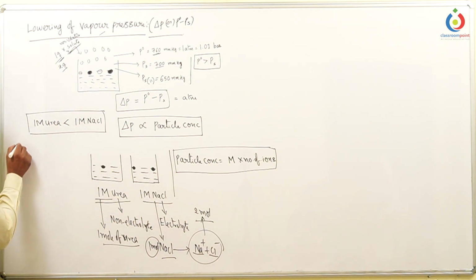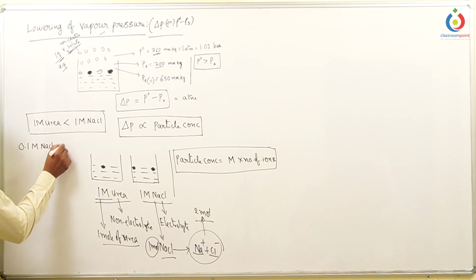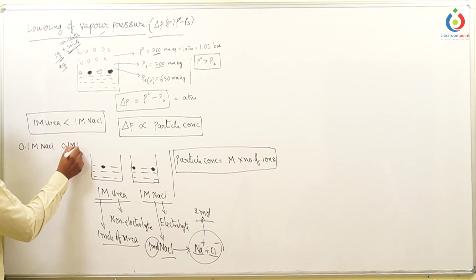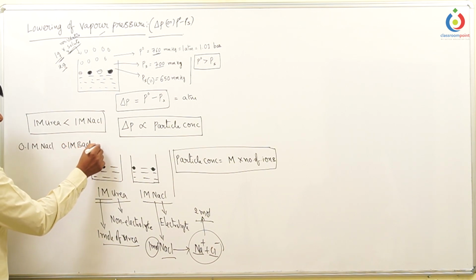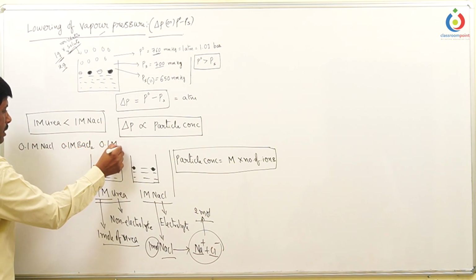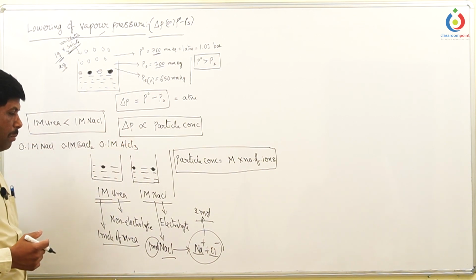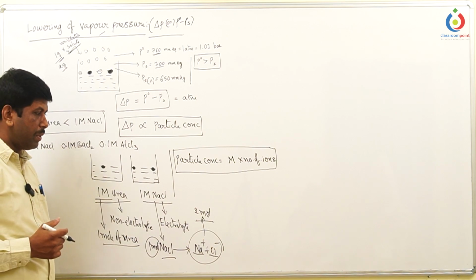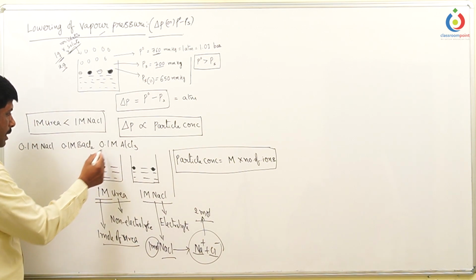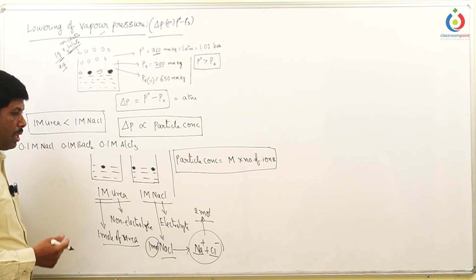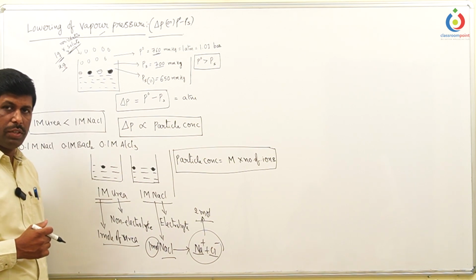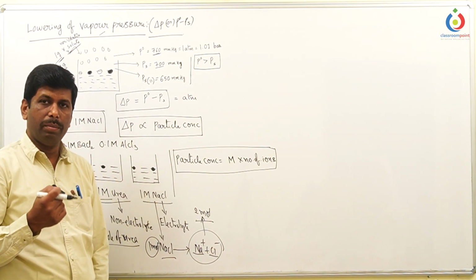Now if you take 0.1 m NaCl, 0.1 m BaCl2, 0.1 m AlCl3, where is the greatest lowering of vapor pressure noticed? In this case, every time you have to multiply the concentration by the number of ions given by the solute.